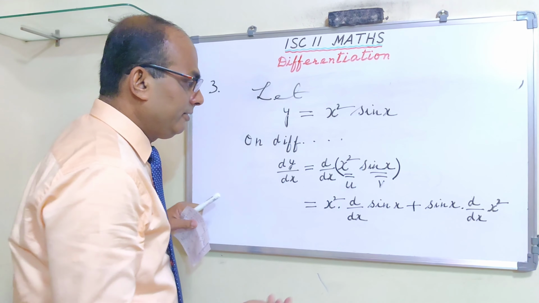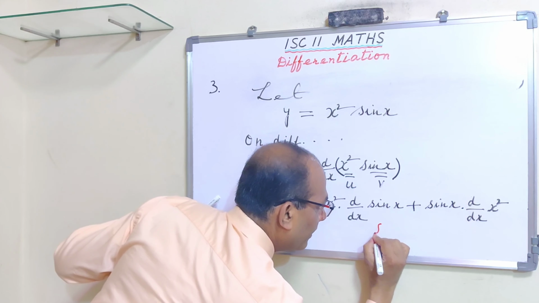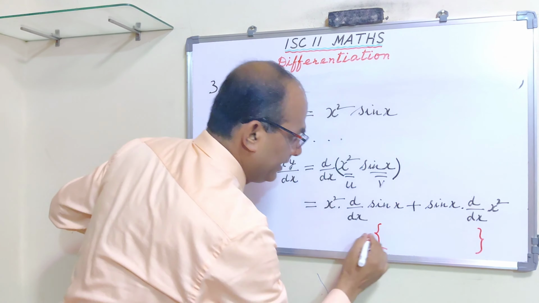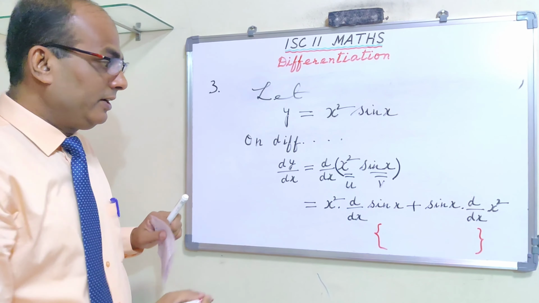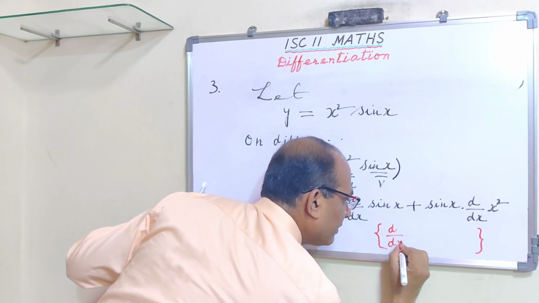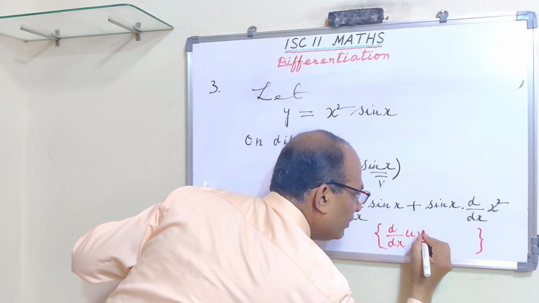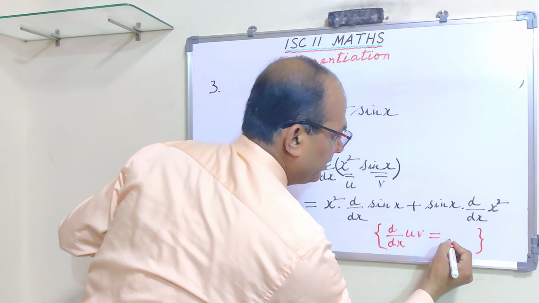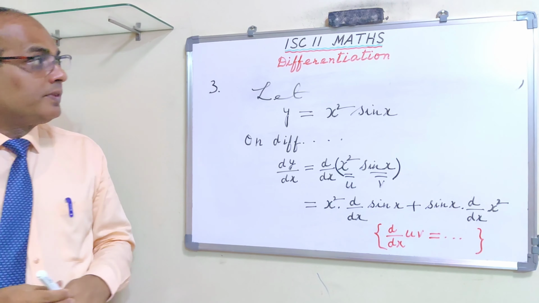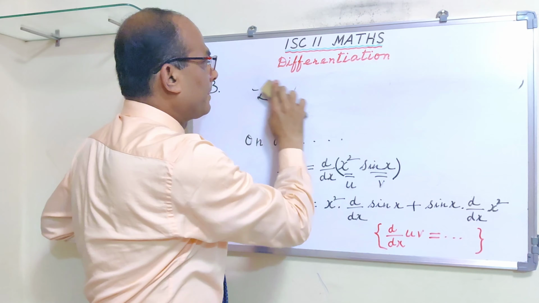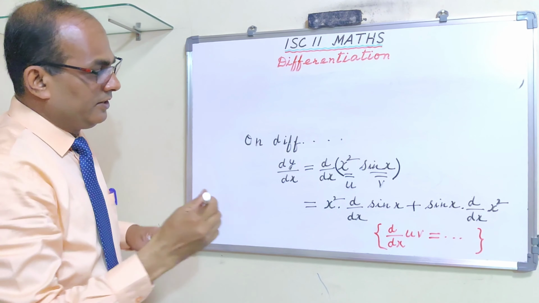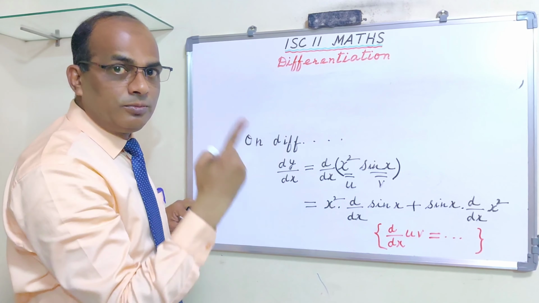Please write down the formula here, d dx of uv. Then d dx of sin x is cos x, formula I have given you.